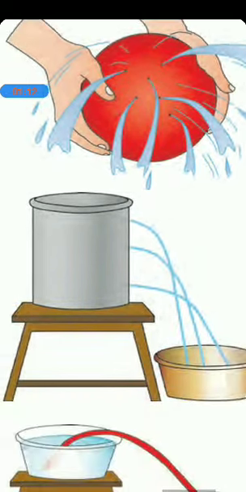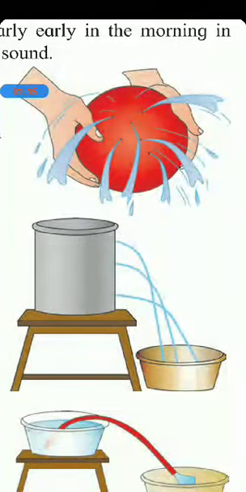Next diagram, this property we are going to learn in detail in Standard 8. Still, I will give you only an overview of it, because here we are going to learn the properties of water. In this we have seen one container kept at some height on a small table, and it contains 3 holes at different levels.